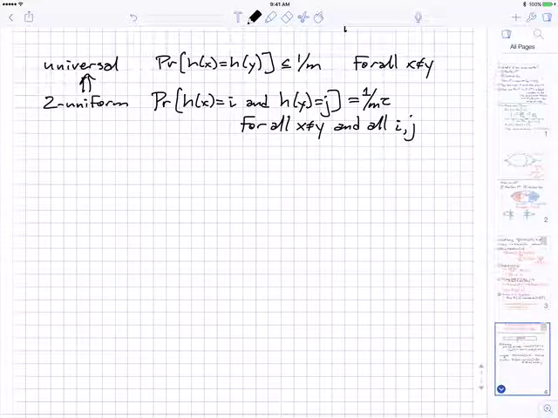If you assume that H is 4 uniform, is that going to change the expected number of operations? So 4 uniform implies 2 uniform implies universal, right?